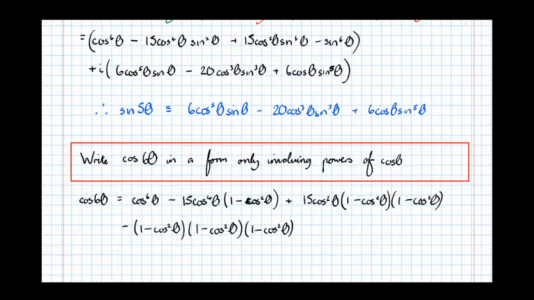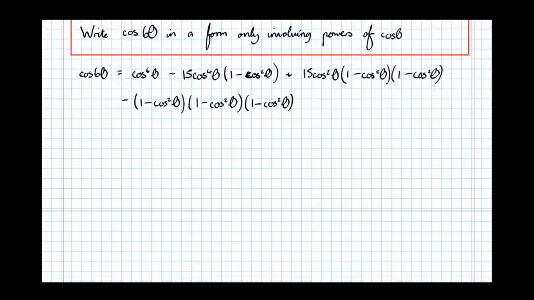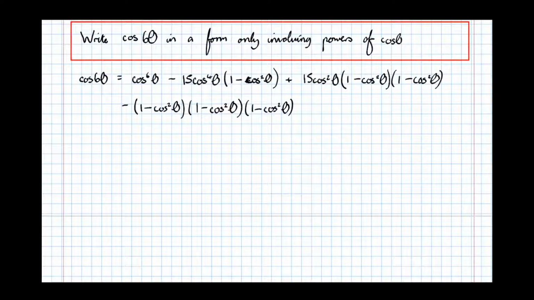So some pretty intense algebra here. First of all, I'm going to expand 1 minus cos squared theta, squared. So that's equal to 1, take 2 cos squared theta plus cos to the power of 4 theta. And having done that, it makes expanding 1 minus cos squared theta cubed a little bit easier.